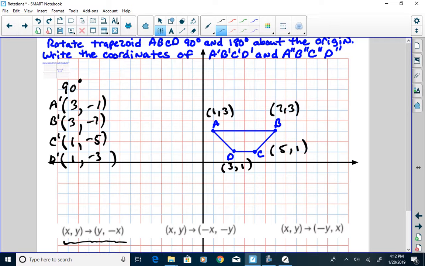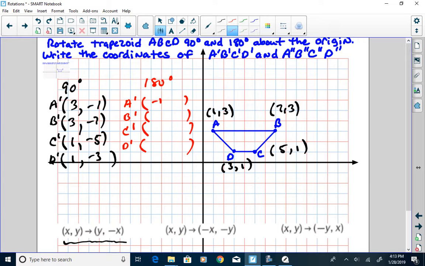So those would be the values for your 90-degree clockwise rotation, and then your 180-degree rotation we'll do in a different color. The 180-degree rotation, we have A prime, B prime, C prime, D prime. Let's list our ordered pairs that way. For a 180-degree rotation, we need the opposite of x and the opposite of y.